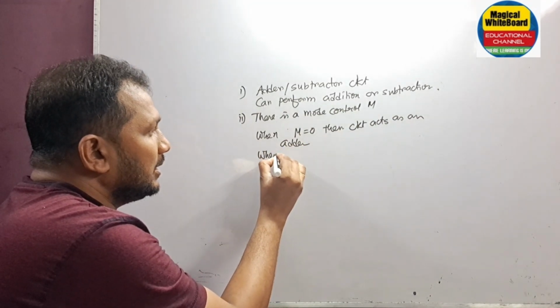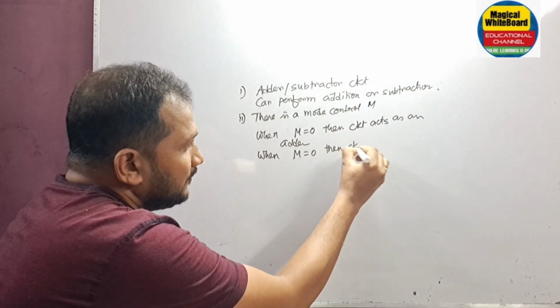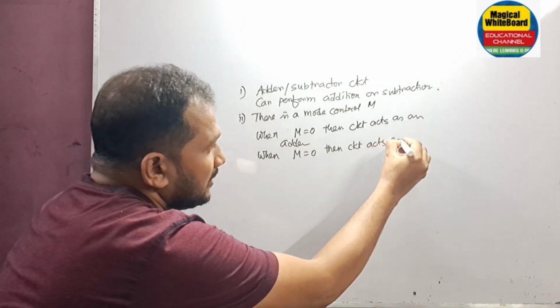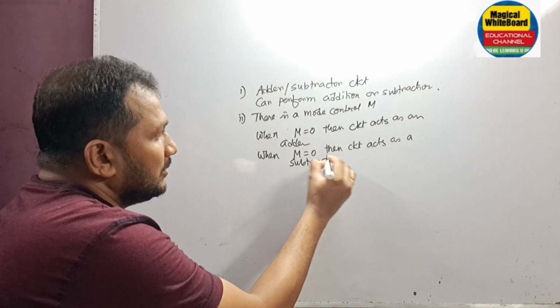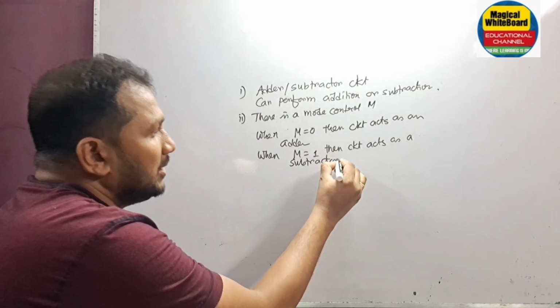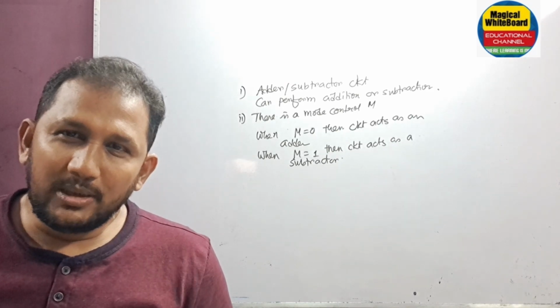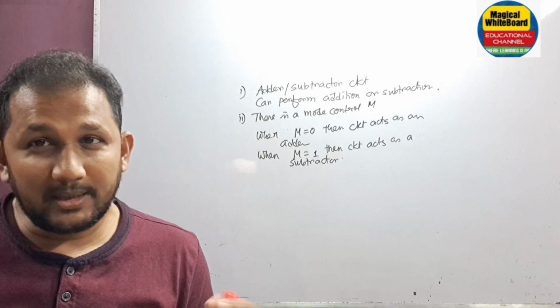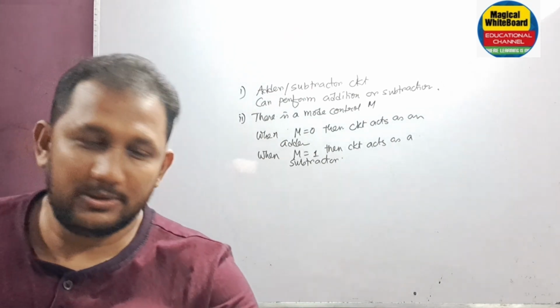Sorry, M equal to 1 means the circuit acts as a subtractor. When we put M equal to 0, the circuit behaves as an adder. When we put M equal to 1, then the circuit behaves as a subtractor.